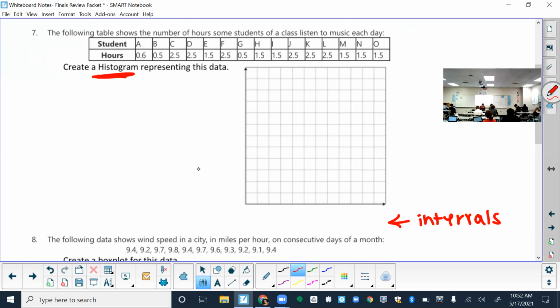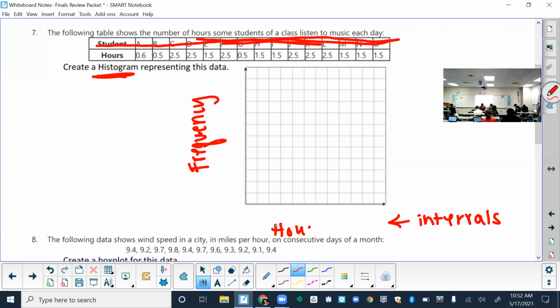And then on the left side, it's going to be titled frequency, so how often something occurs in that range. You're not putting students down here, so I don't really have to worry about that line for histograms. Down here is going to be hours, so you need to spread them into intervals.